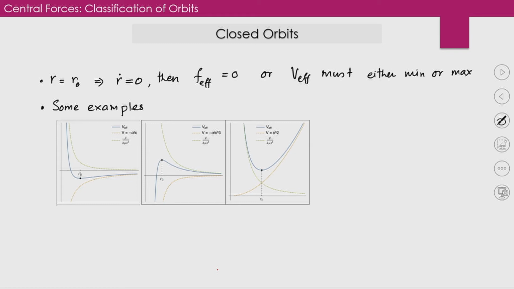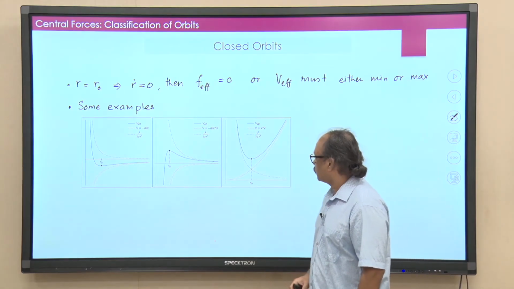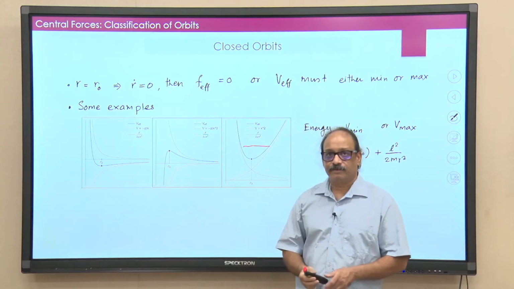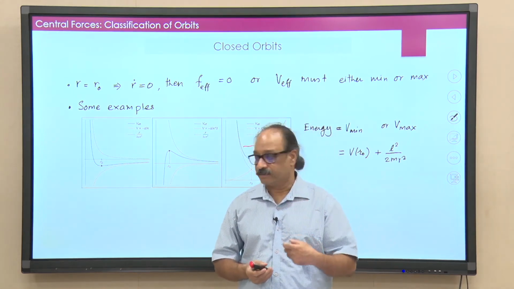And what must be the energy of these circular orbits? That must be exactly equal to the value of the effective potential at the minimum. Remember, in the last class we talked about how, if I have an energy which is like this, then I have two turning points. The orbit oscillates between r1 and r2.